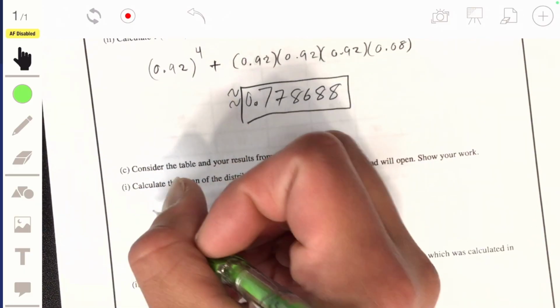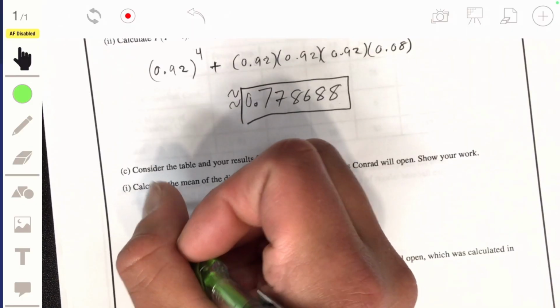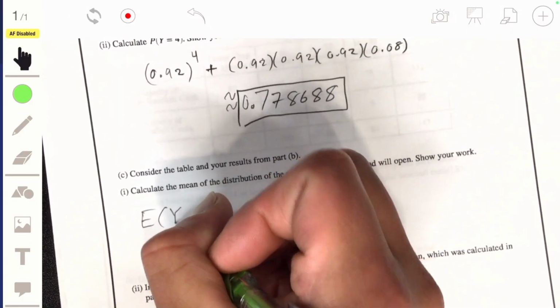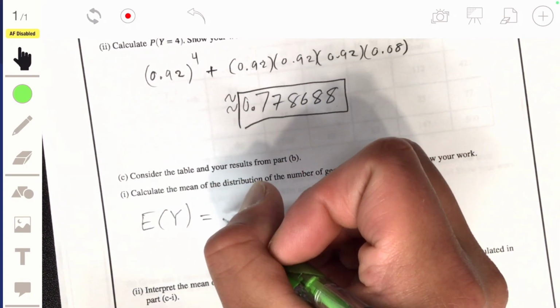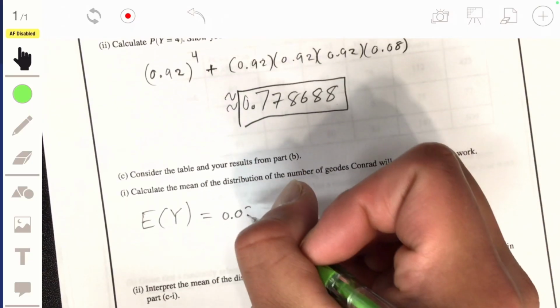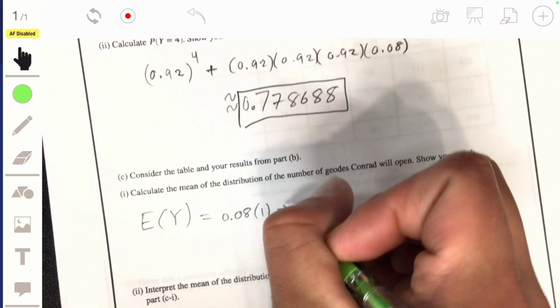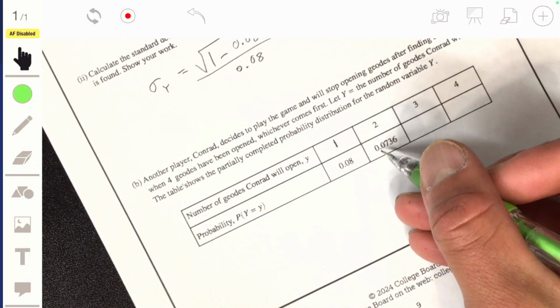So let me just write it. The mean, so expected value. On the first trial it will just be 0.08 times 1. The second trial will be, let's use our table, so 2 will be 0.0736 times 2.